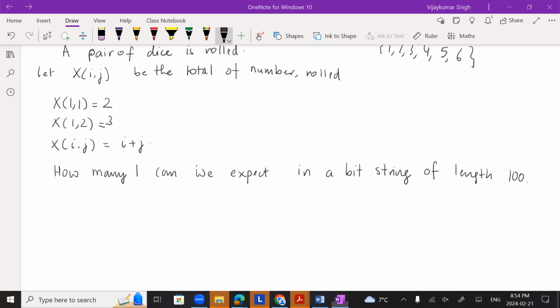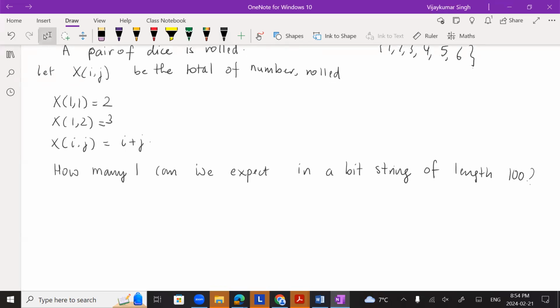Think about this problem. Now when you look at the bit string, it's slightly simple. You can say, oh, 50, right? You agree? Because generally we expect that half of them will be ones if I randomly choose.